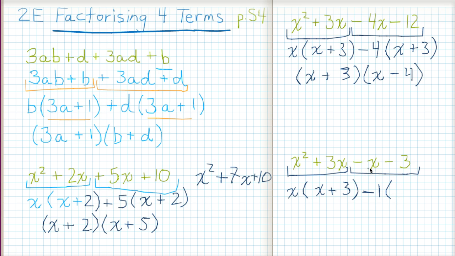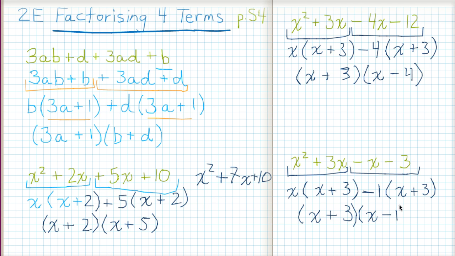When I divide -x divided by -1, I get x. And -3 divided by -1 is positive 3. So I get my two brackets the same and can write that out. And now with that -1 there, we see that the other factor is x minus 1.